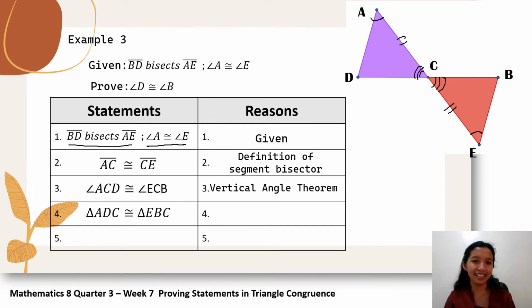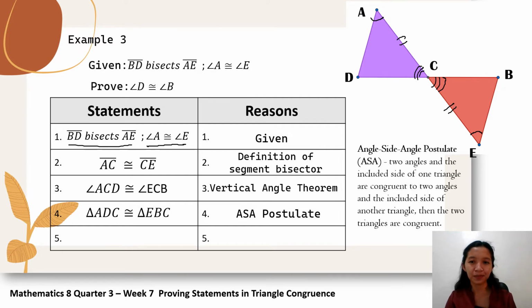It is the ASA postulate, right? Because the ASA postulate says that two angles and the included side of one triangle are congruent to two angles and the included side of another triangle, then the two triangles are congruent.